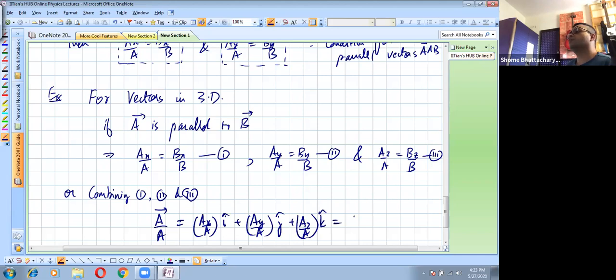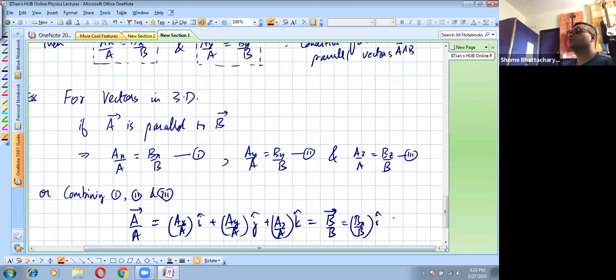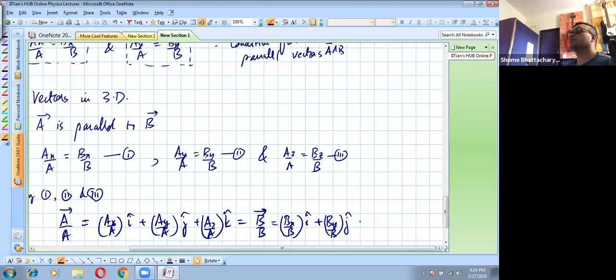This must become equal to vector B divided by its own magnitude, which is Bx upon B i cap plus By upon B j cap plus Bz upon B k cap.